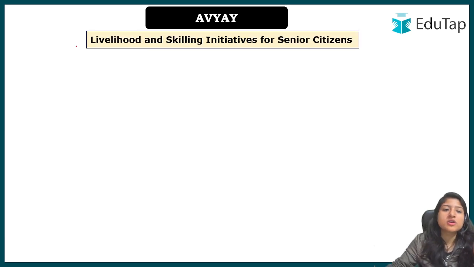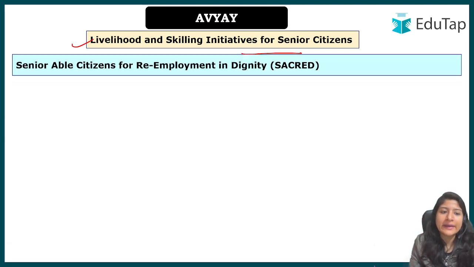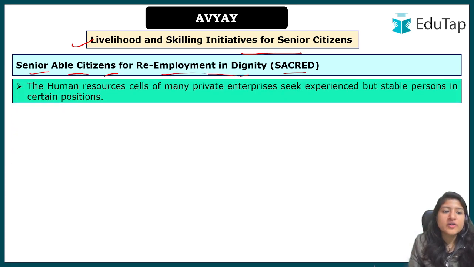Next component we talked about is the livelihood and skilling initiative, where we understood the senior citizen will get a chance to have re-employment, to have employment again, right? So the first one was, again remember the full form, Senior Able Citizen for Re-employment in Dignity. So for that what will be done?